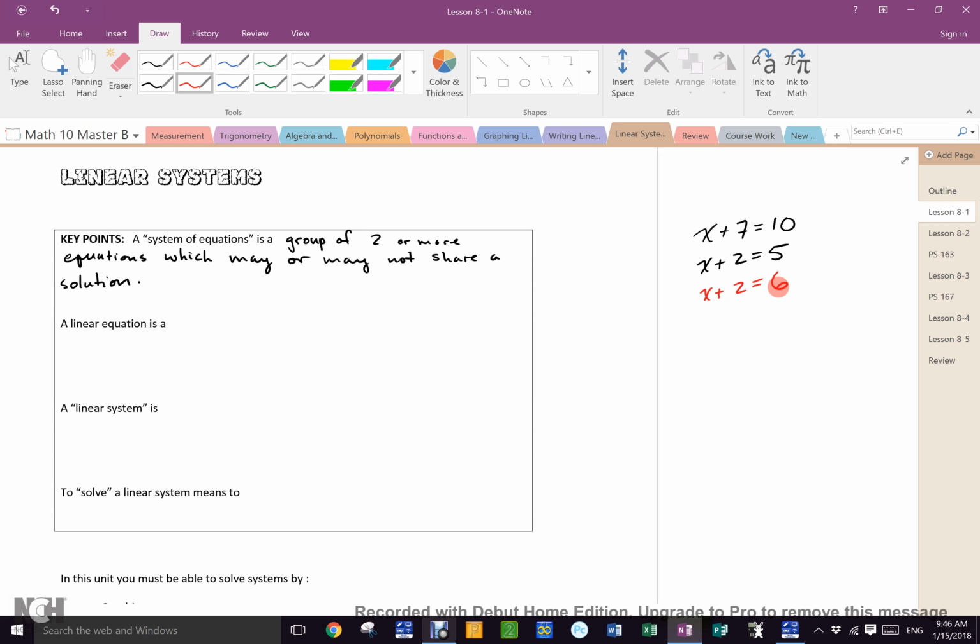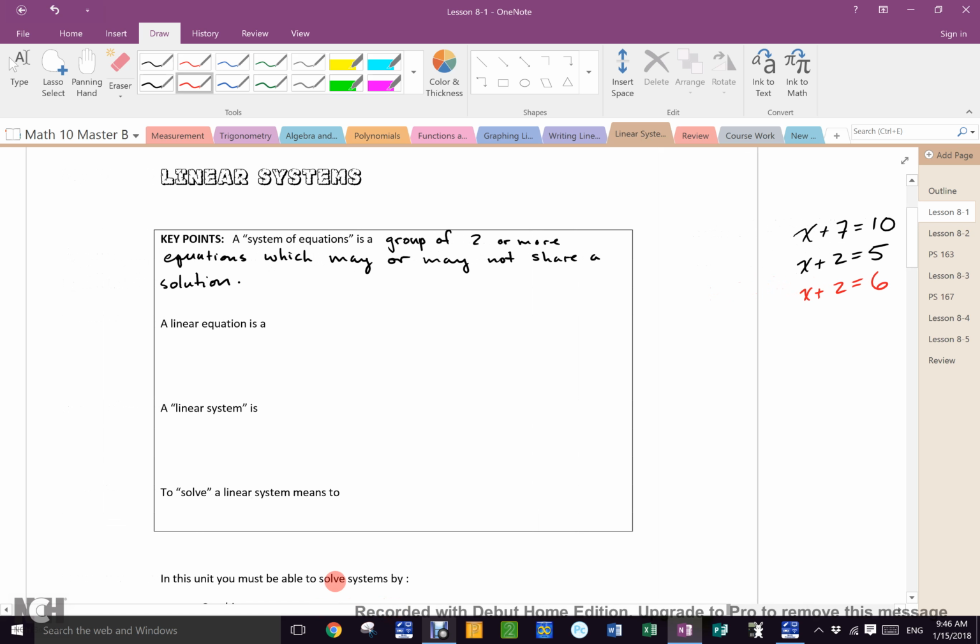There is not a solution to all three. Everybody cool? Okay. Let us come back to where we were working earlier. So, we know what a system of equations is. It's got to be a group of at least 2, and they may or may not have a solution. So this is a system that does not have a solution, right? But if I erase the red one, pretend that my computer is working, it does have a solution.